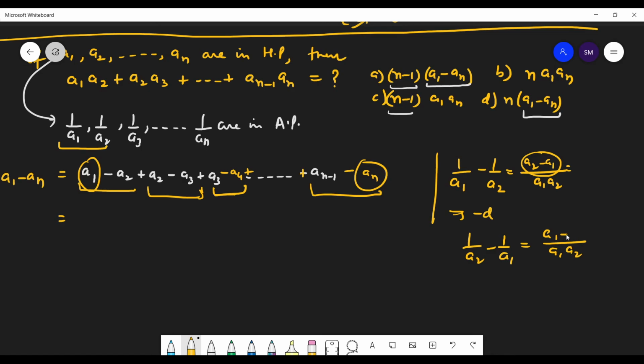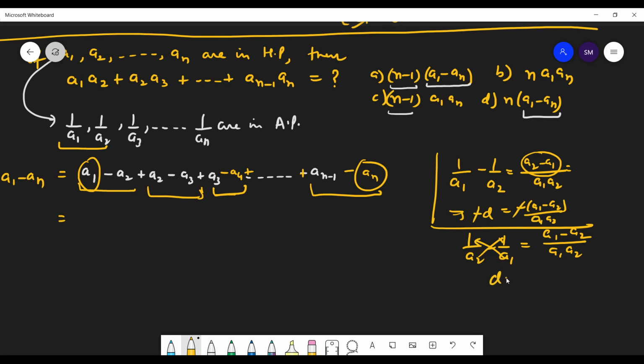That's equal to a1 a2 a1. So this will go this side, and this is a1 minus a2, and that's equal to d, isn't it? So you get here minus a1 minus a2 upon a1 a2. So the negative will cancel out.